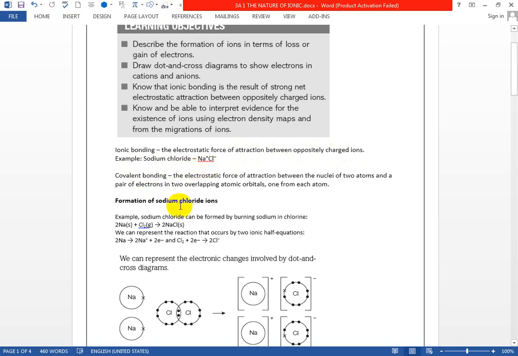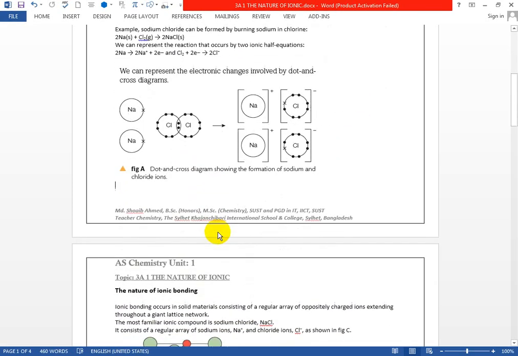So what is ionic bonding? Say someone. What do you mean by ionic bonding? Student: Electrostatic attraction between ions or atoms. Not atoms. Attraction, not atoms. If you write atoms, I will cut marks.